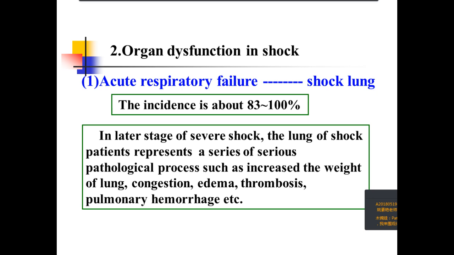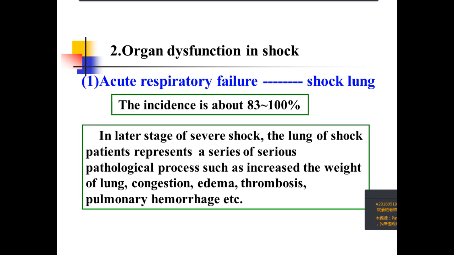Now organ dysfunction in shock. First, shock lung, acute respiratory failure. During the refractory stage, it may lead to organ dysfunction. Now the patient may have respiratory failure. Why respiratory failure?